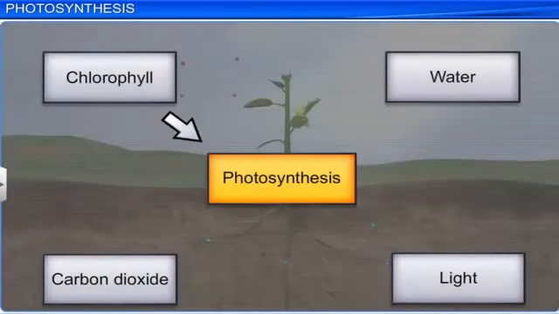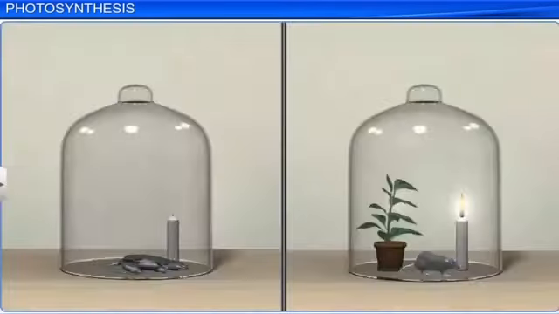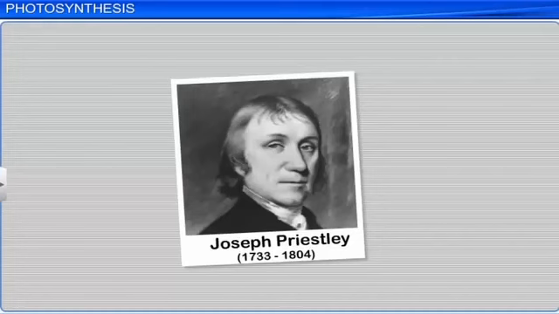We already know that chlorophyll, light, carbon dioxide and water are necessary for photosynthesis. Let us look at a few experiments that unraveled the secret of photosynthesis. Joseph Priestley, who discovered oxygen, identified the role of air in the growth of green plants.